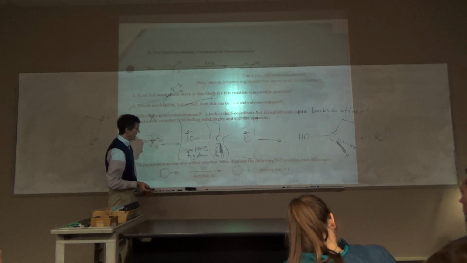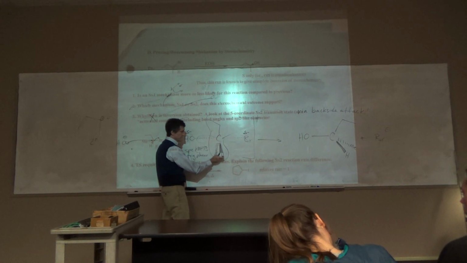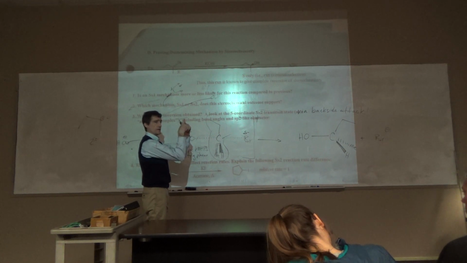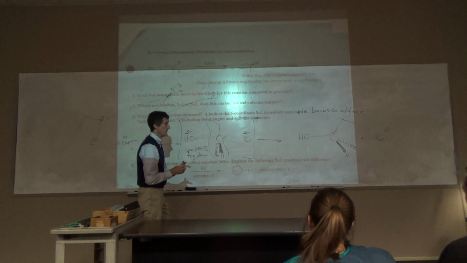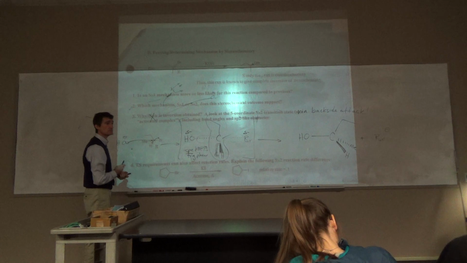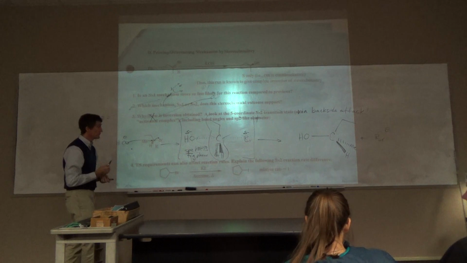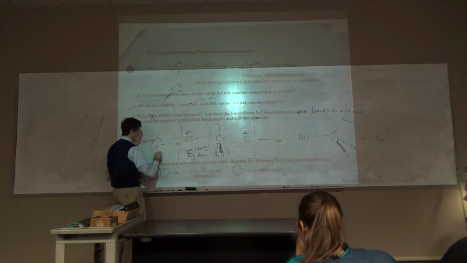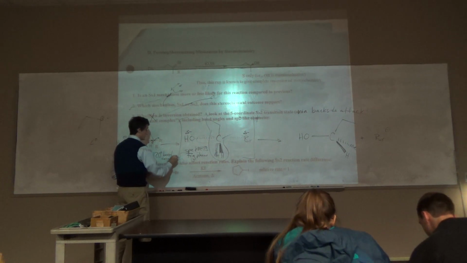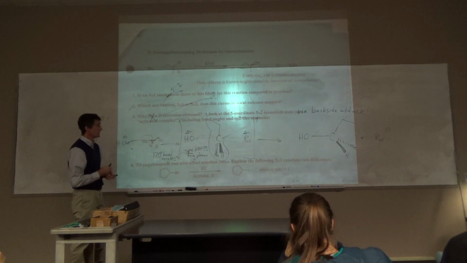Now, since it's sp2-like, what type of bond angles do we expect between like the H and the methyl? They're like this, H forward, methyl back, but what type of bond angle? Well, what type of bond angle do you have in sp2? 120, yes. 120-degree bond angles between your groups.